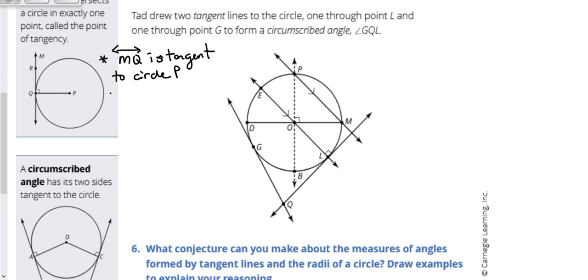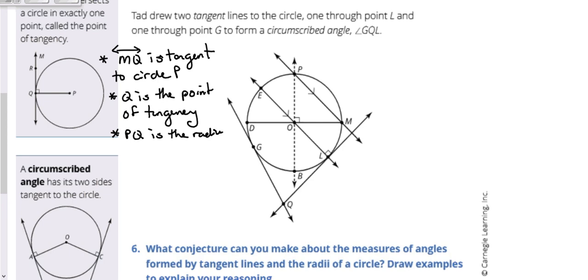Q is the point of tangency and PQ is the radius and MQ is perpendicular to PQ.